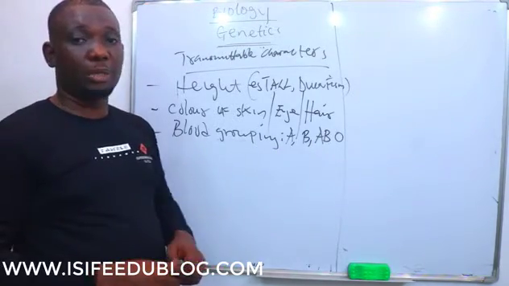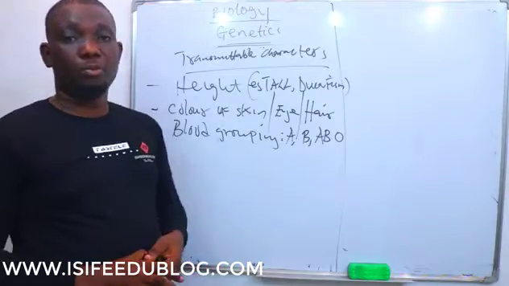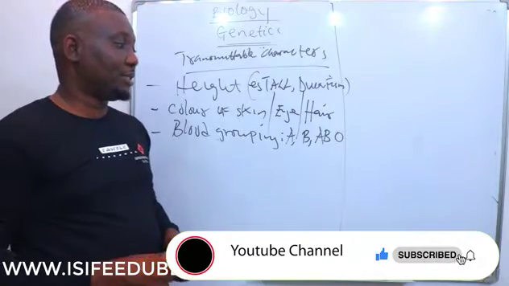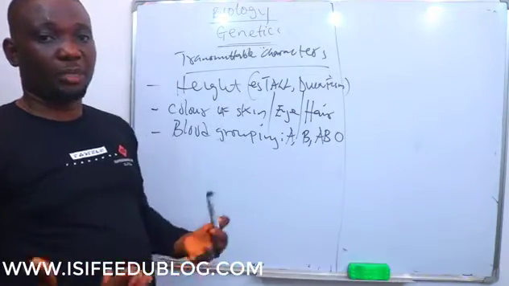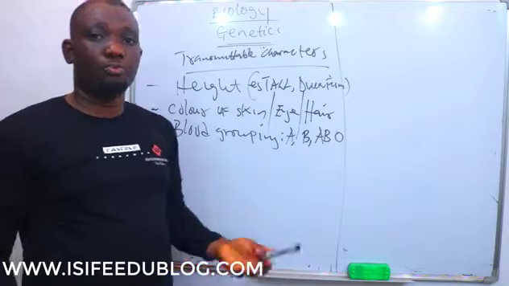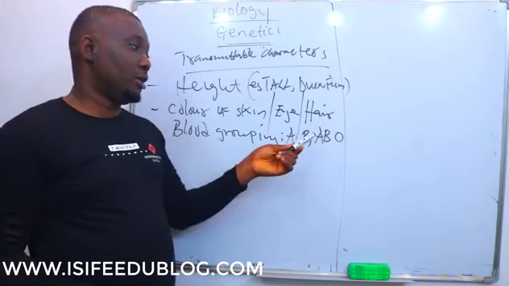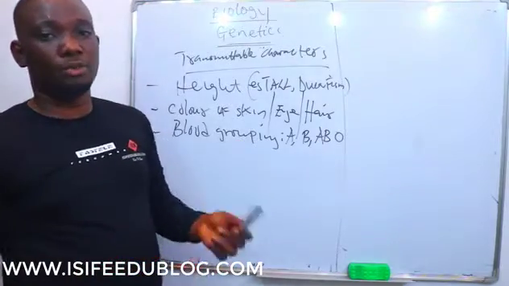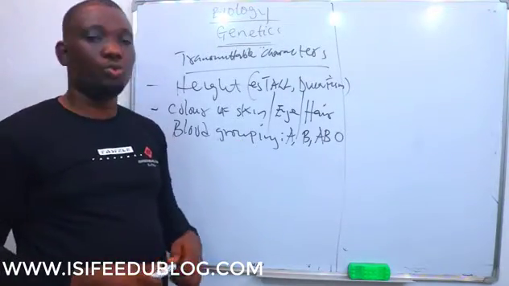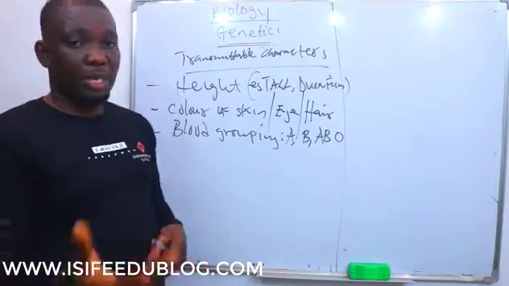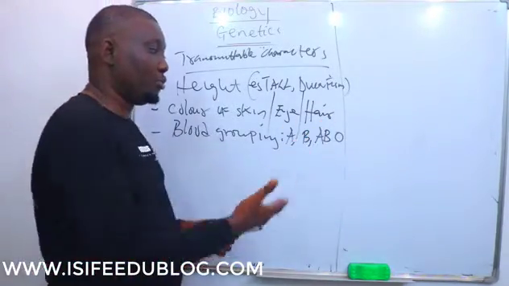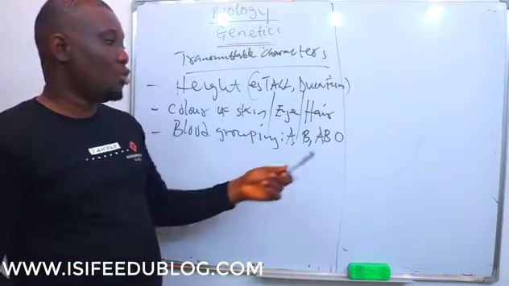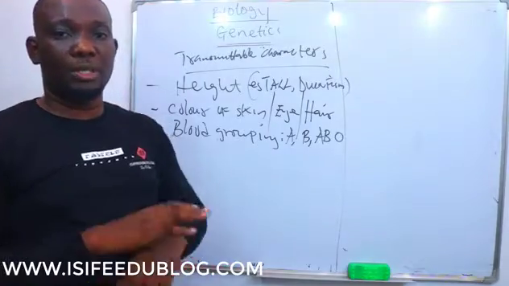Supposing I'm blood group AB and I marry a woman of blood group O, it is not possible for offspring from that cross to be blood group O. So a marriage where a man is AB or a woman is AB and the other partner is O, they cannot give birth to offspring whose blood group is O. Maybe in my next class I should tell you why blood group O should not appear in the immediate generation, because O blood groups are said to be recessive.